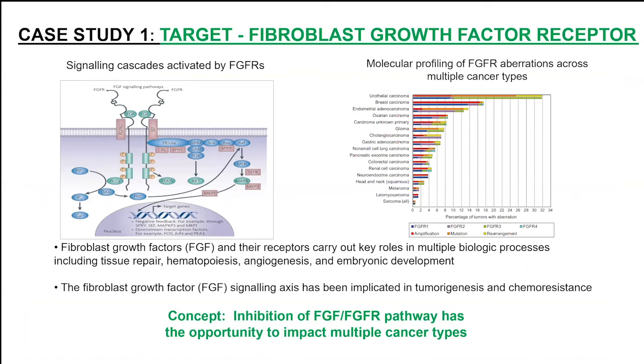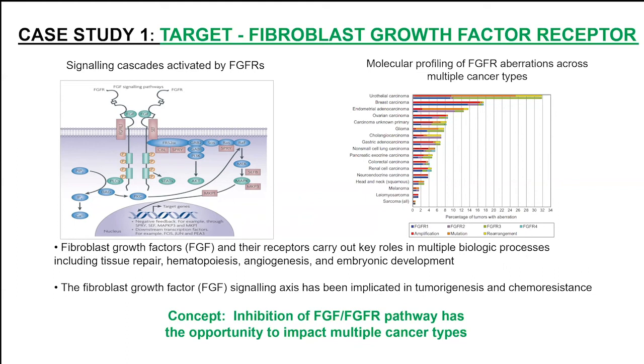So the first one is fibroblast growth factor receptor. This pathway is quite a complex pathway. There are 22 ligands and 4 receptors, and they are key in multiple biological processes, including tissue repair, angiogenesis, and embryonic development. And this axis has been implicated in tumorigenesis and indeed chemoresistance.